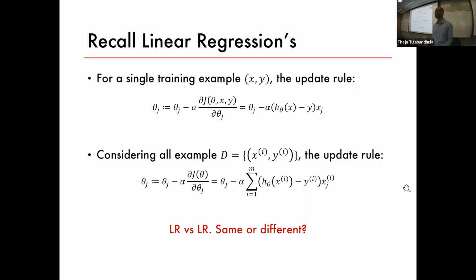So here's a good check. Given the update rules look exactly the same, what is the difference between these two? What are we hiding underneath the carpet here? Yes, as she mentioned, the h theta definition is different. H theta is slightly different for the logistic regression case, and the loss function is also different.